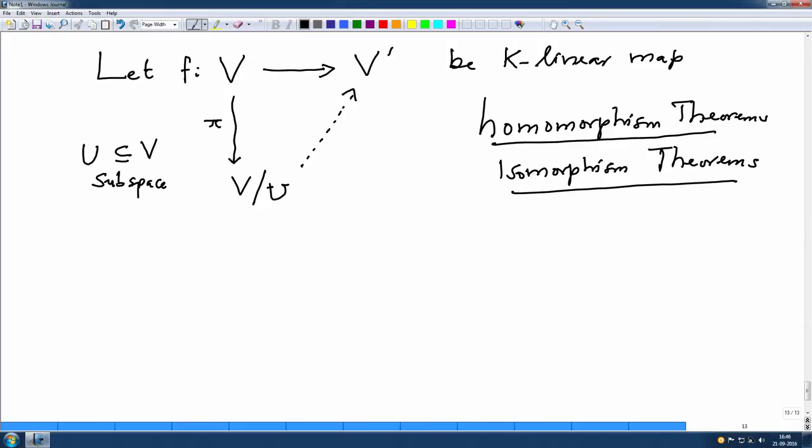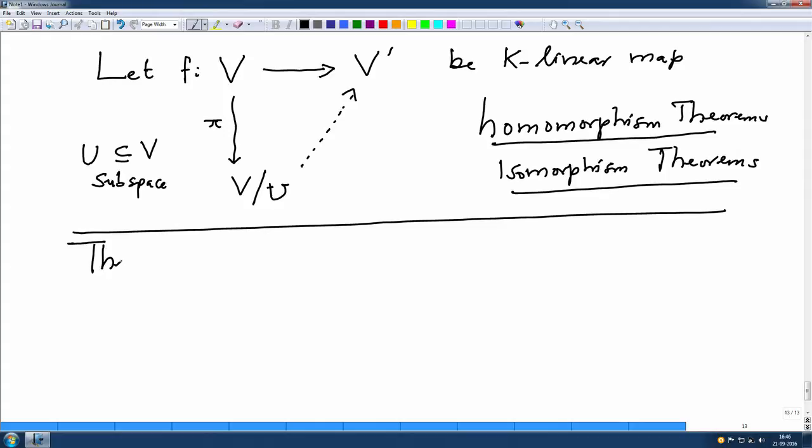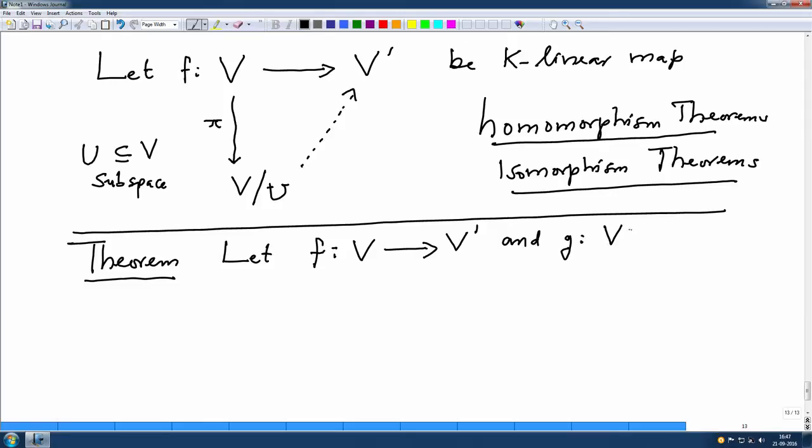So, a little more general situation than this. I want to state it as a theorem. Let F from V to V prime and G from V to V bar be K-linear maps.